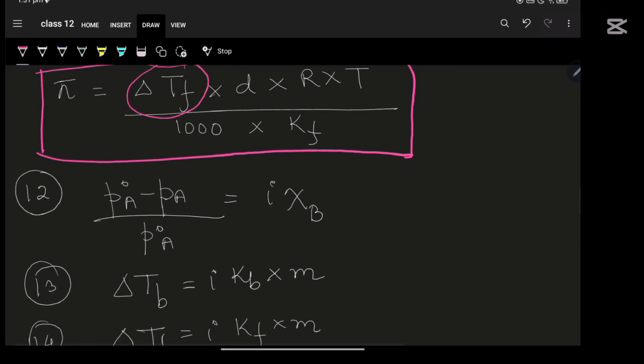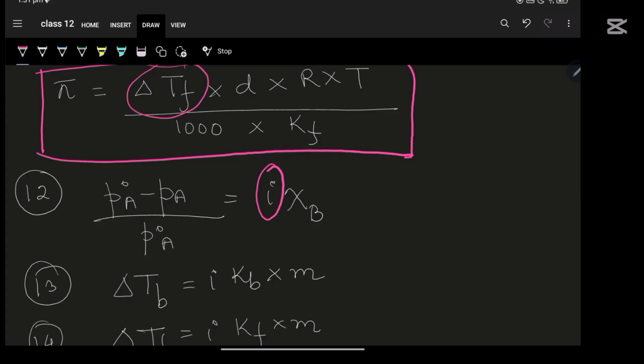Now, if there is association and dissociation taking place, then we have a factor which is known as Van 't Hoff factor, and using this Van 't Hoff factor, the colligative properties are getting modified.